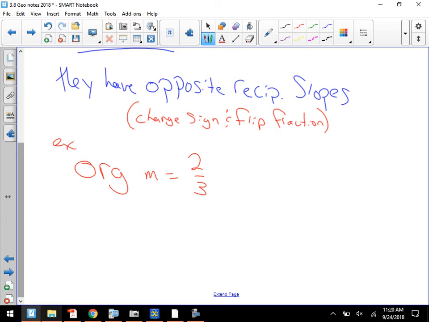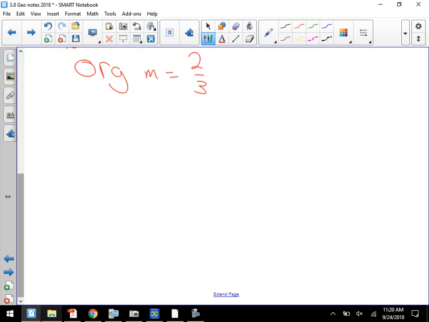So what we'll do is we'll ask questions. If you have an original slope of that, what's parallel to 2/3? 2/3. What's perpendicular to 2/3? Change the sign. Flip the direction. Does that vaguely ring a bell?